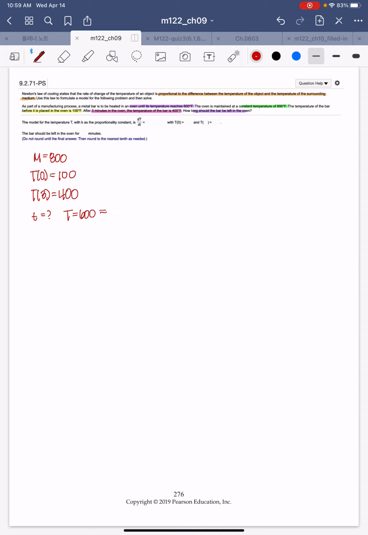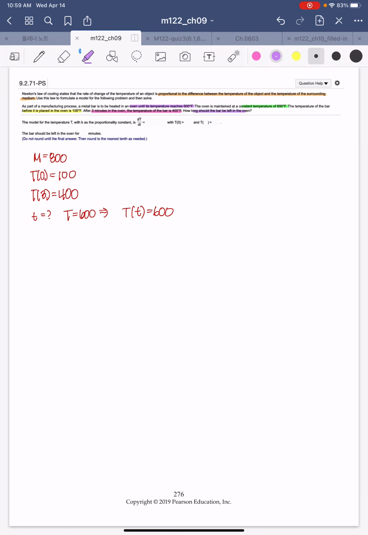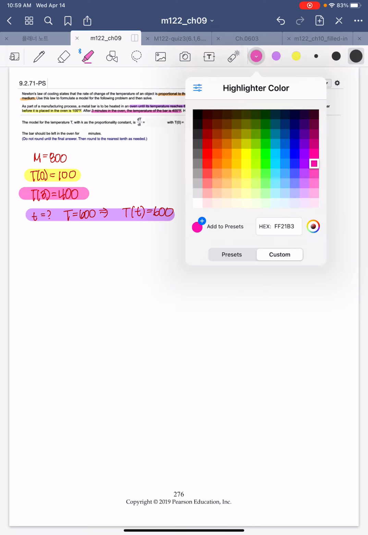In other words, what is my t value when T is equal to 600? Going back to colors, 600 is the question I want to answer. This part is the yellow part, this is the pink part, and M equals 800 will be my green one here.